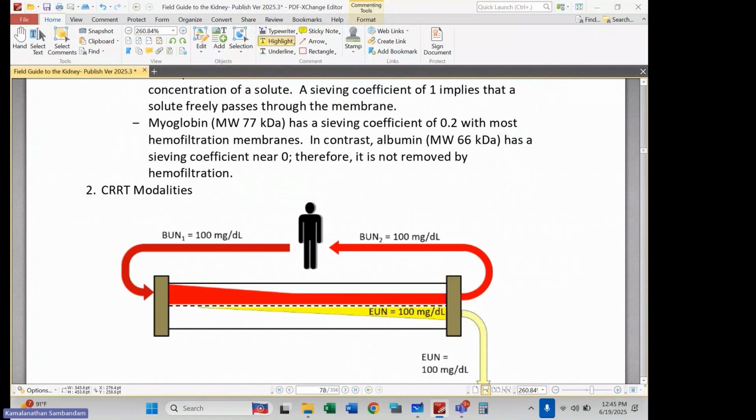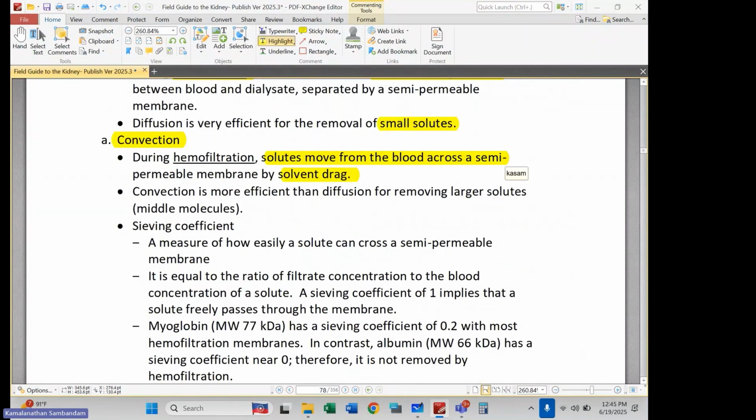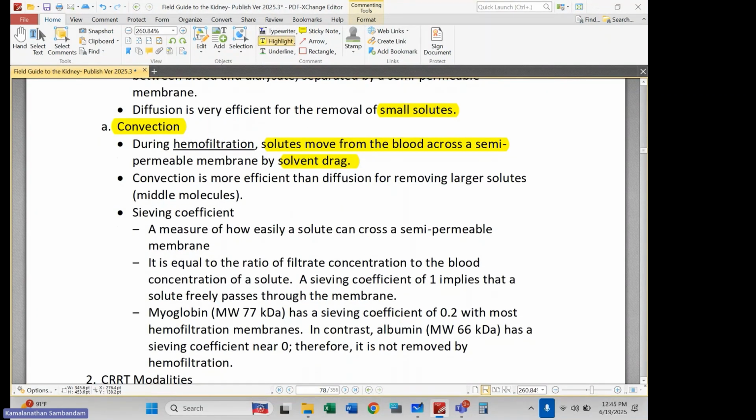So the movement of solutes through solvent drag, or the application of this transmembrane pressure and the movement of water across that membrane, bringing along solutes, is hemofiltration, okay? This is more effective than diffusion for moving larger solutes.